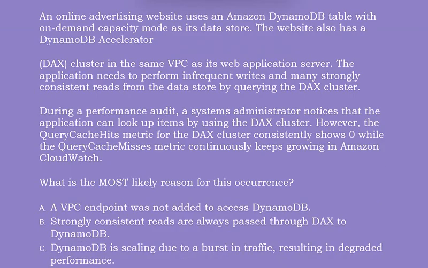During a performance audit, a systems administrator notices that the application can look up items by using the DAX cluster. However, the query cache hits metric for the DAX cluster consistently shows 0 while the query cache misses metric keeps growing in Amazon CloudWatch. What is the most likely reason for this occurrence?